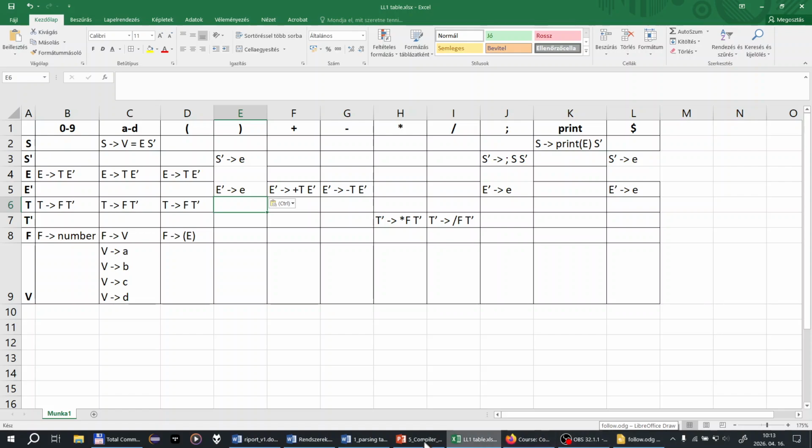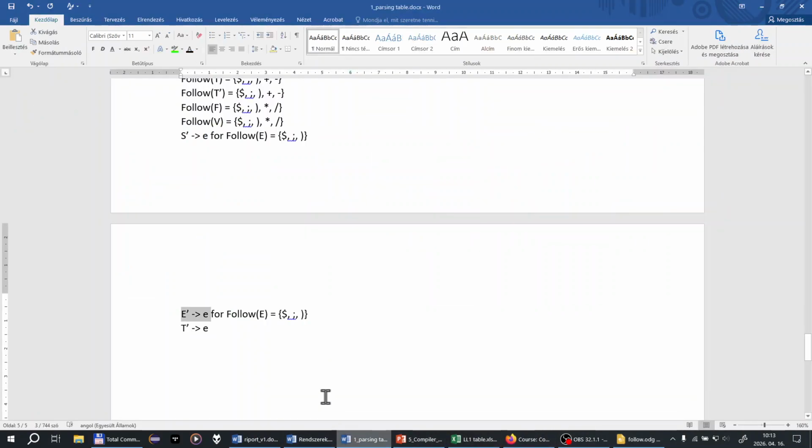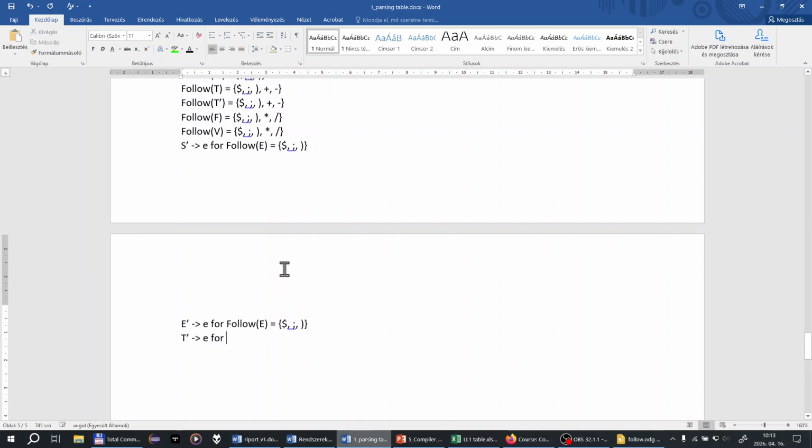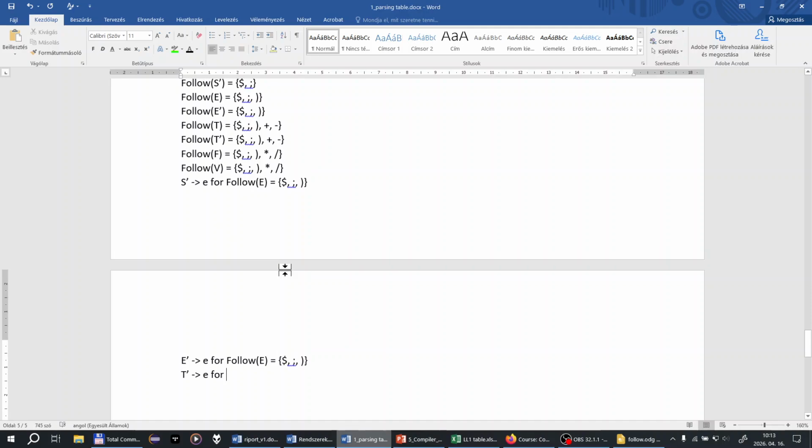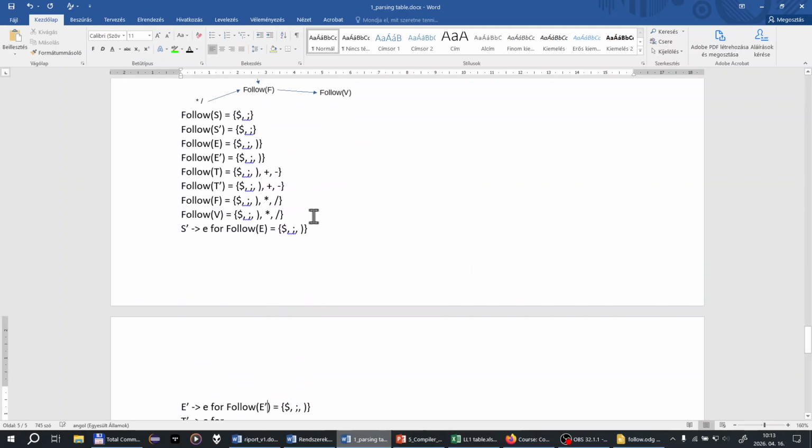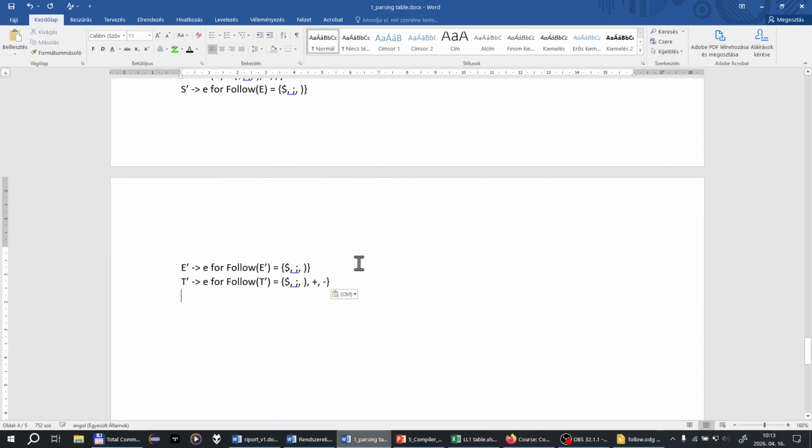And we have T prime to E for follow T prime, which is the same including the plus and minus.